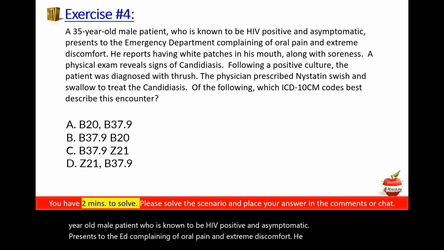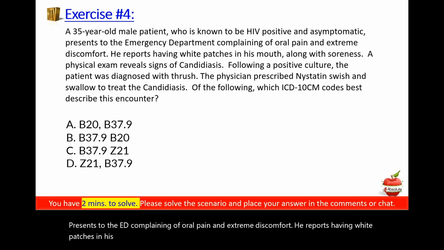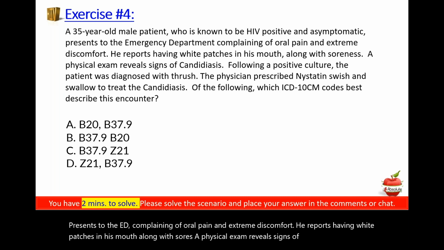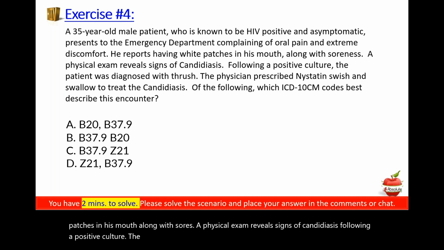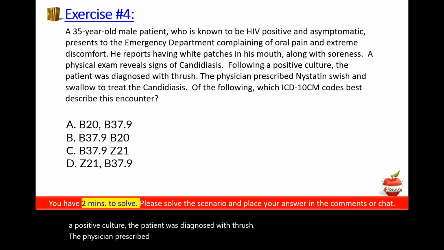He reports having white patches in his mouth along with sores. A physical exam reveals signs of candidiasis. Following a positive culture, the patient was diagnosed with thrush. The physician prescribed nystatin, swish and swallow, to treat the candidiasis. Of the following, which ICD-10-CM codes best describe this encounter?